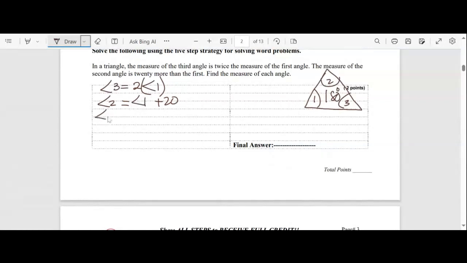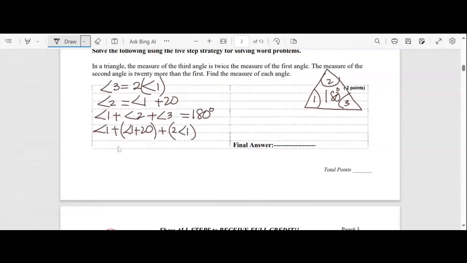So we know that angle 1 plus angle 2 plus angle 3 equals how many total degrees? 180. Angle 1 stays the same. What is angle 2? Angle 1 plus 20. What about angle 3? 2 times angle 1.